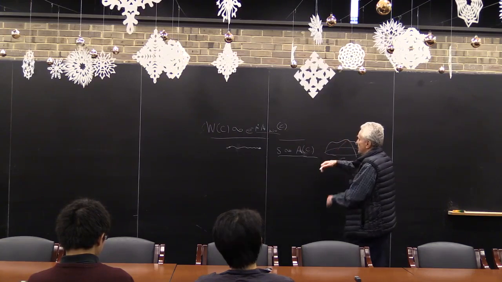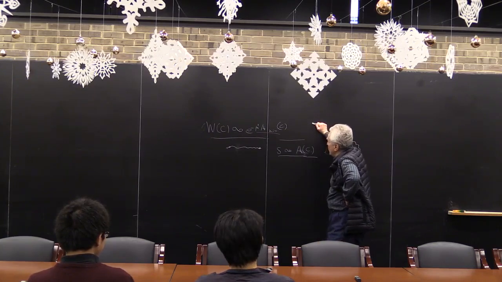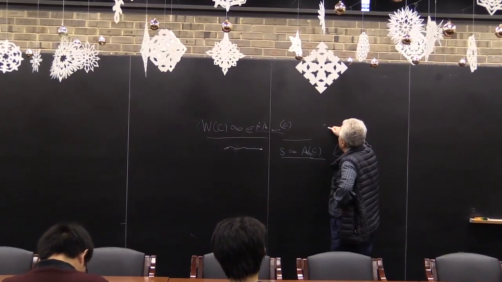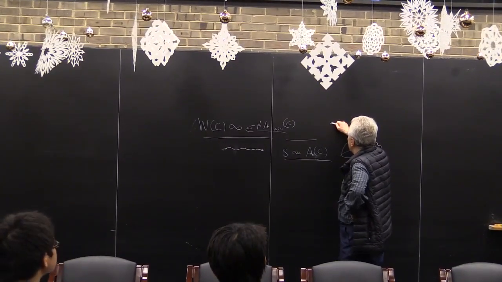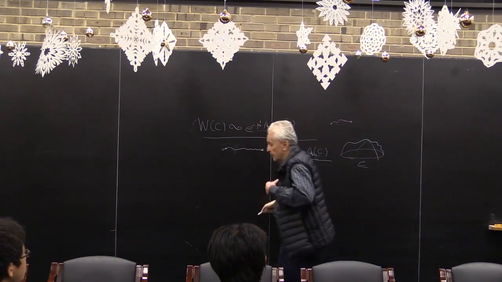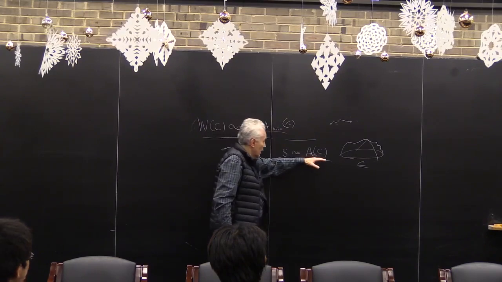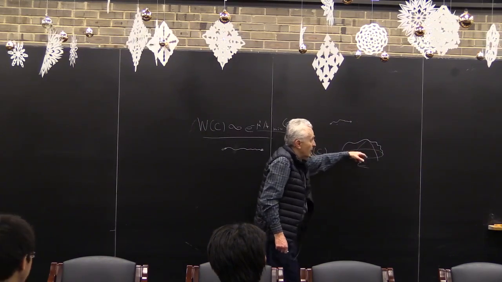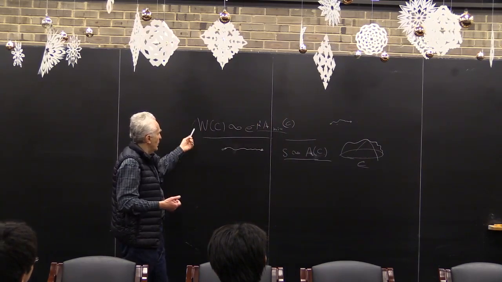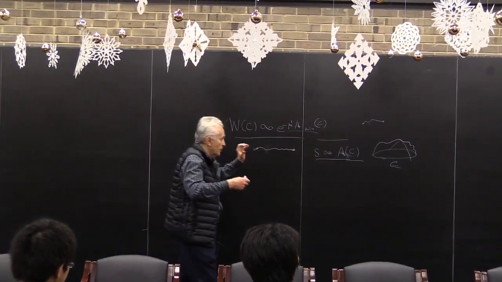This is just a direct analogy with a two-point function in ordinary field theory, where we say the two-point function can be represented as a sum over all possible trajectories connecting two points. The natural generalization is to say that instead of two points you have a contour, a closed loop, and this correlation function can be represented as a sum over all possible random surfaces.